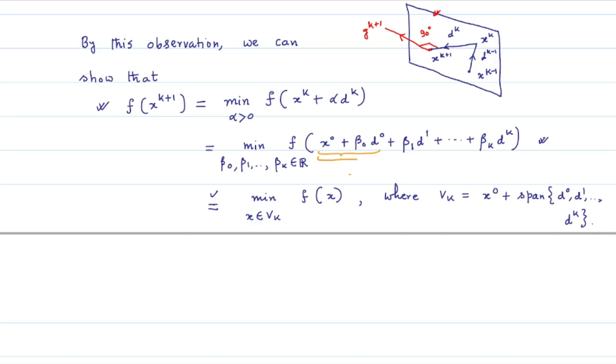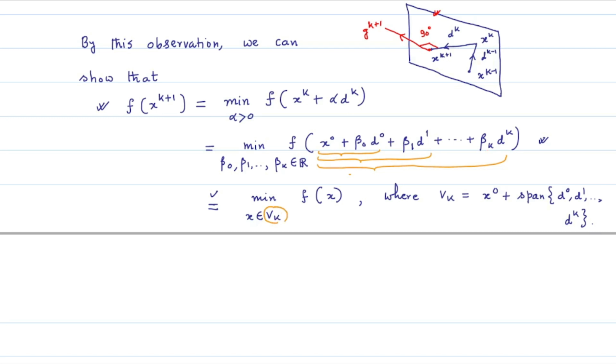Then by visiting d0, d1, we slowly fill up the two-dimensional subspace generated by d0, d1, and by visiting till the direction dk, we fill up the subspace generated by d0, d1 till dk, and ultimately when all the vectors d0, d1 till dn-1 are exhausted, we have filled the entire vector space Rn.